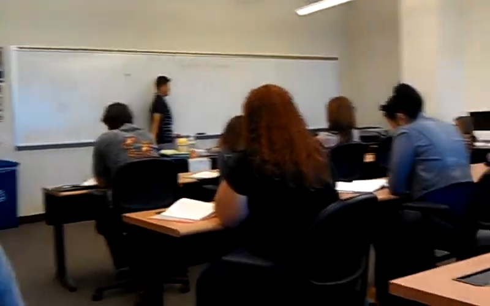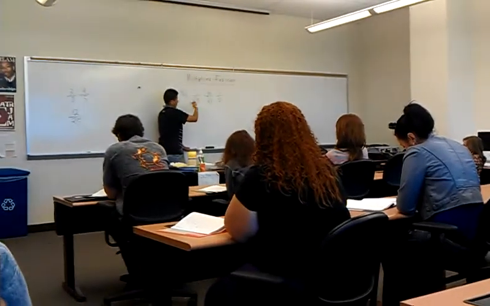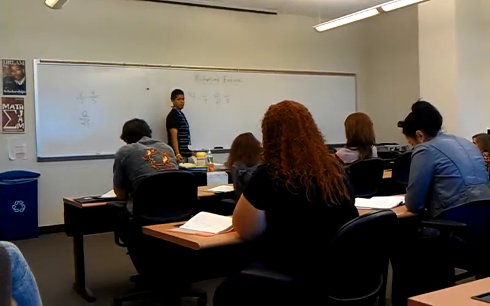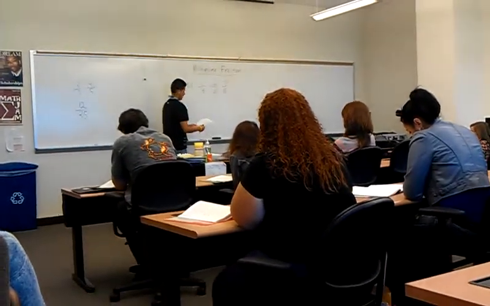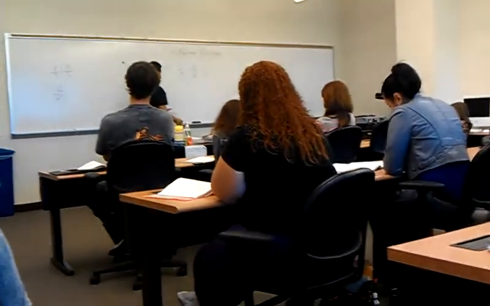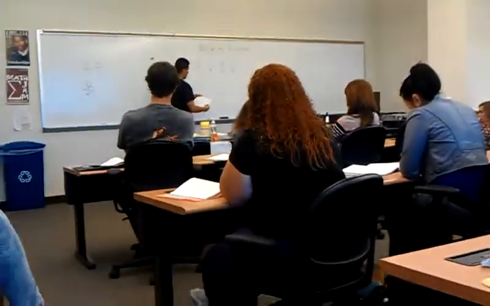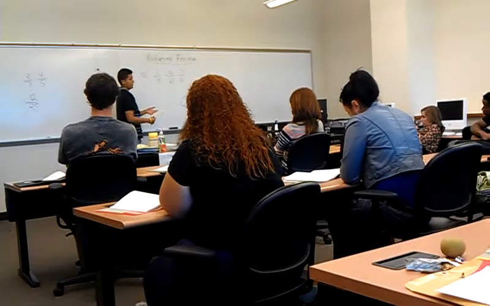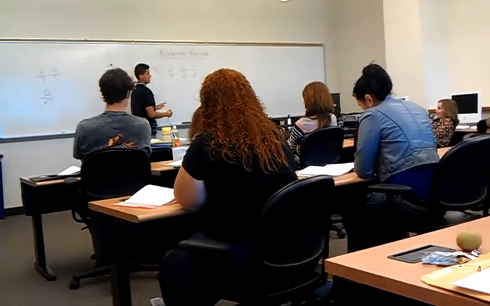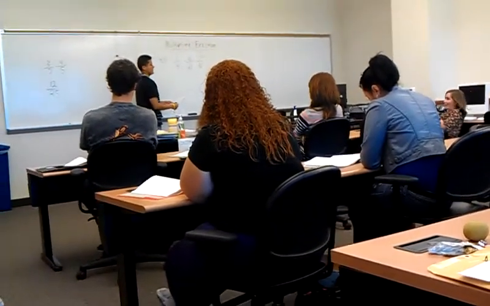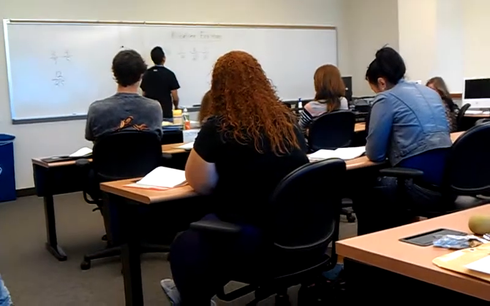In this case, if you multiply straight across, you would get a really big number. So a simpler way to do this is to cross cancel. Not cross multiply, cross cancel.